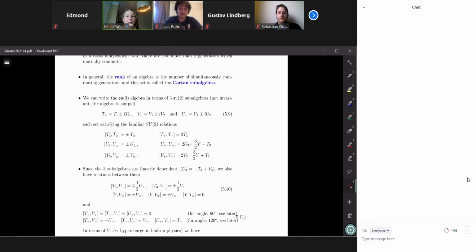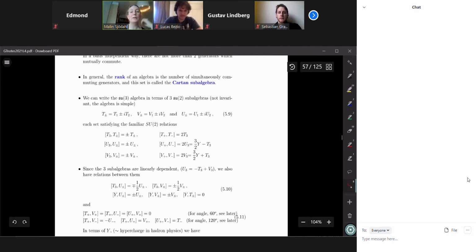One thing that will make the analysis here quite a bit easier is that it's very easy to see that this SU(3) algebra actually contains 3 SU(2) subalgebras. Later on, we will come back to this statement that they are not invariant.